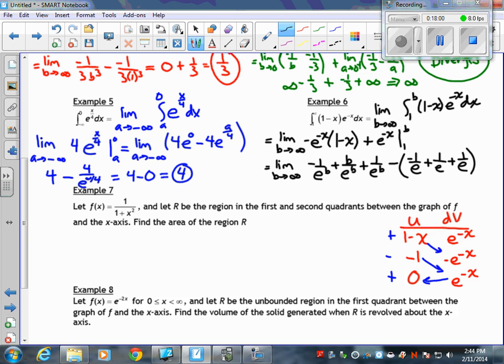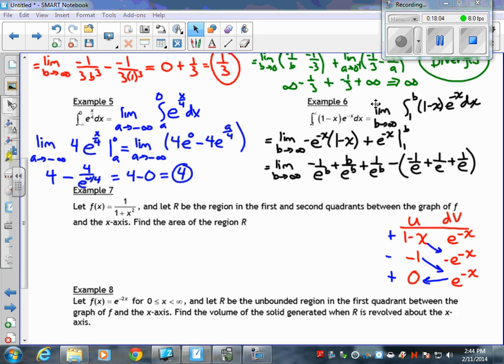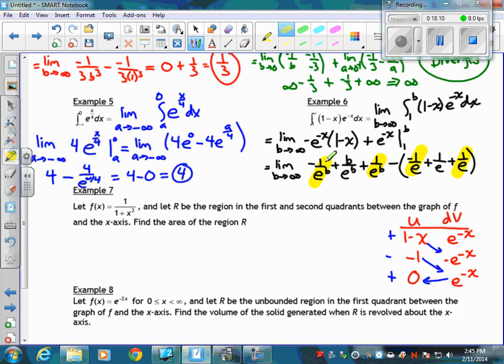And within each of those, I can cancel a couple out. So this guy and this guy cancel out, and this guy and this guy cancel out. They're all making zeros. So what I'm left with is the limit as b approaches infinity of b over e to the b, and then I have minus 1 over e.